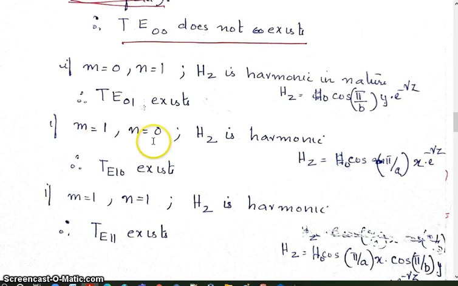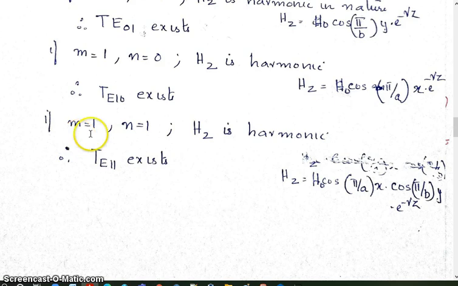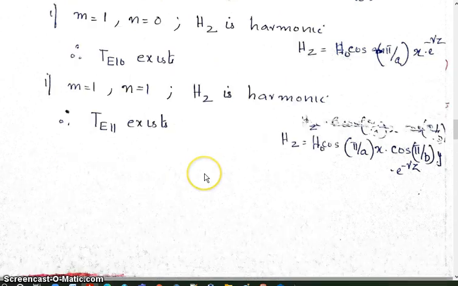Similarly, m equal to 1, n equal to 0, you will get Hz equal to H0 cos(pi by a x) exponential minus gamma z, which is a harmonic factor which produces an electric field. Hence TE10 mode also exists. Similarly, if m equal to 1, n equal to 1, again Hz is a harmonic quantity which produces an electric field. Hence TE11 mode exists.